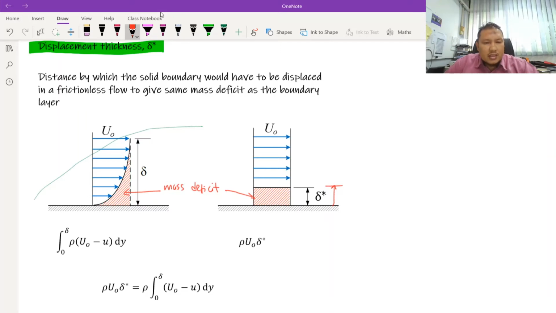Basically we just thicken the boundary due to the fact that a boundary layer is present. Outside of that we just have the free stream velocity.